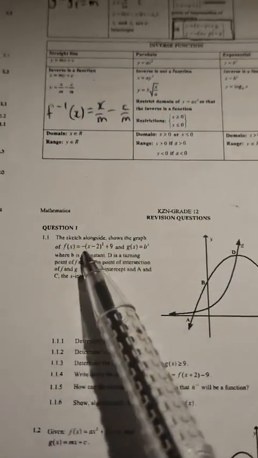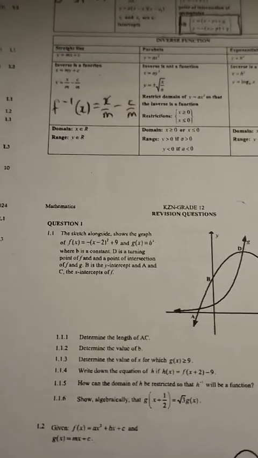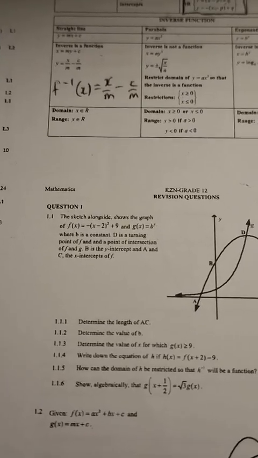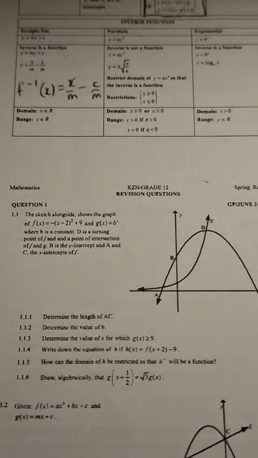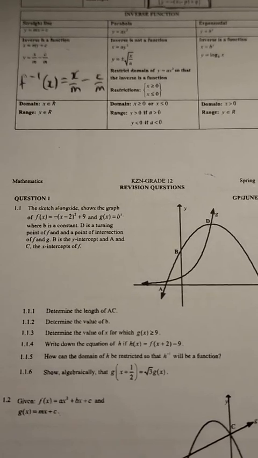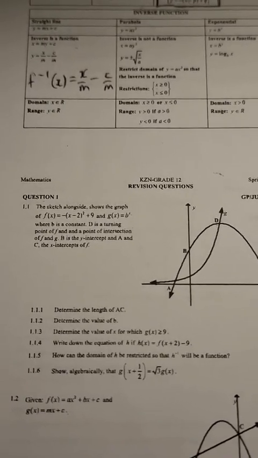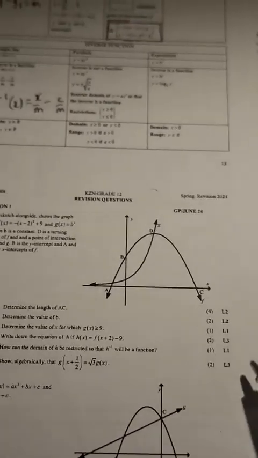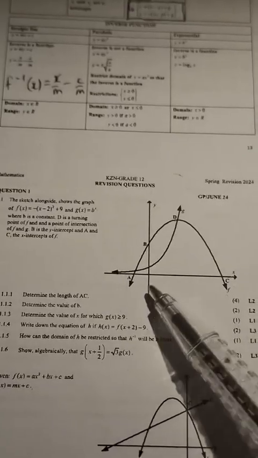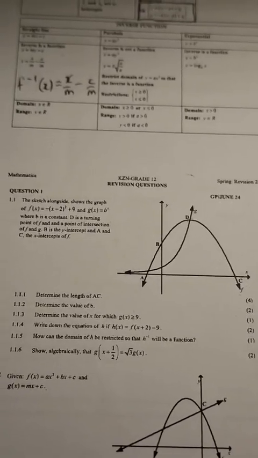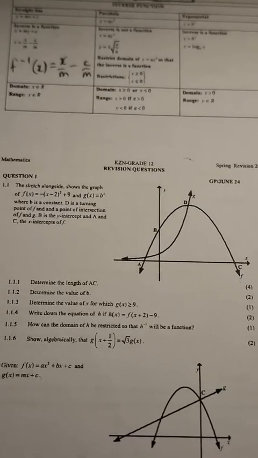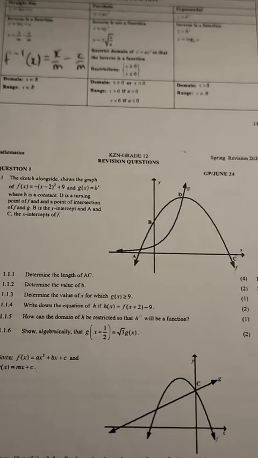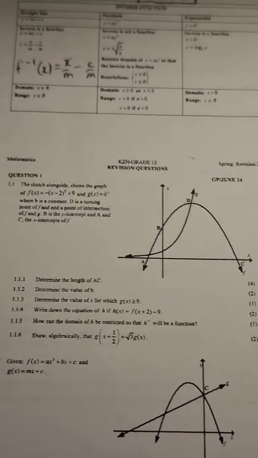There it is, guys. It's f of x is equal to negative x minus 2 the whole thing squared plus 9. And remember, when we want to find the x-intercepts, what do we let to find x-intercepts?